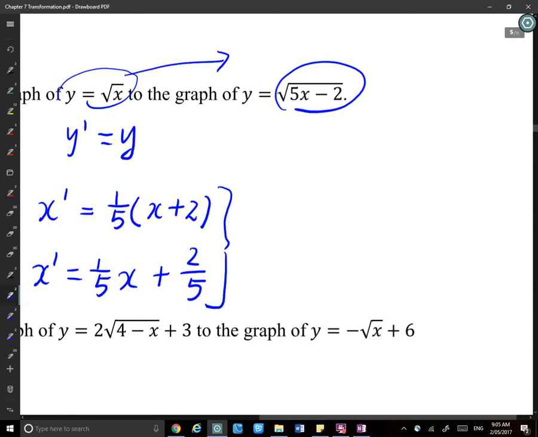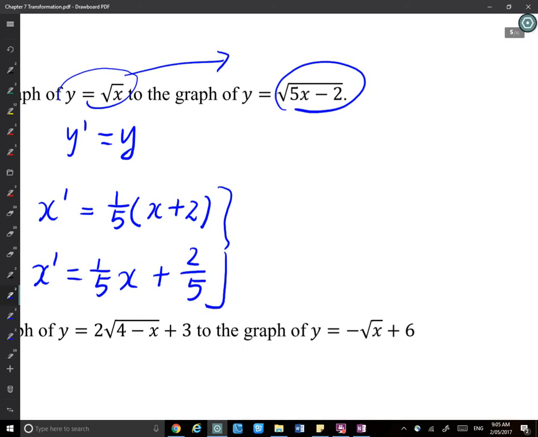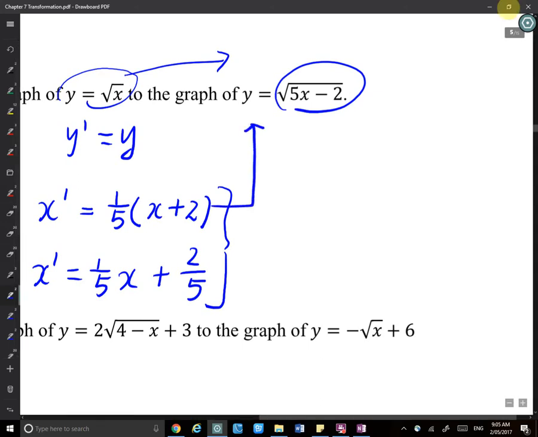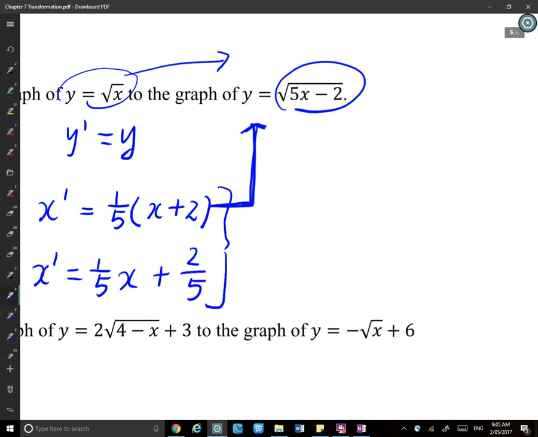There's nothing happening to the y side. The new y still equals the old y, so we don't need to talk about the y side. Just think about the x side. From this one, what is the calculation order? The calculation order is x plus 2 first.